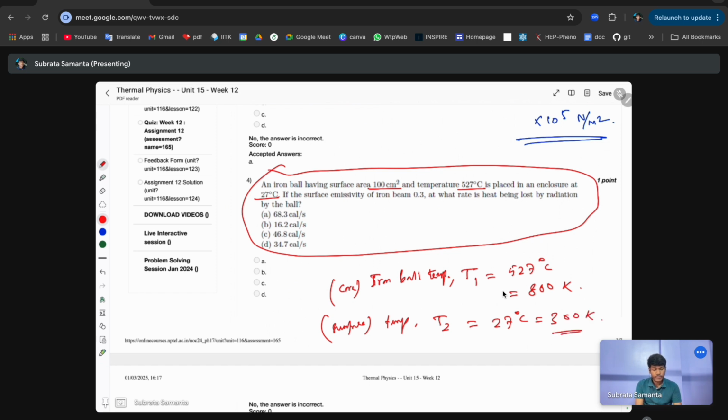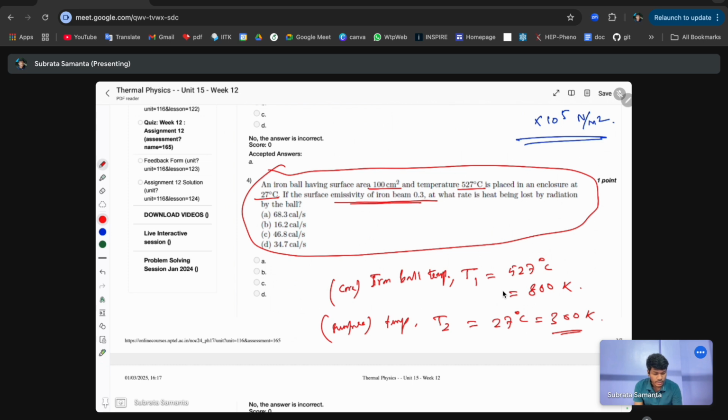The surface area is 100 centimeter square. You have to convert into SI units, because I will use SI unit. The emissivity of iron is 0.3.